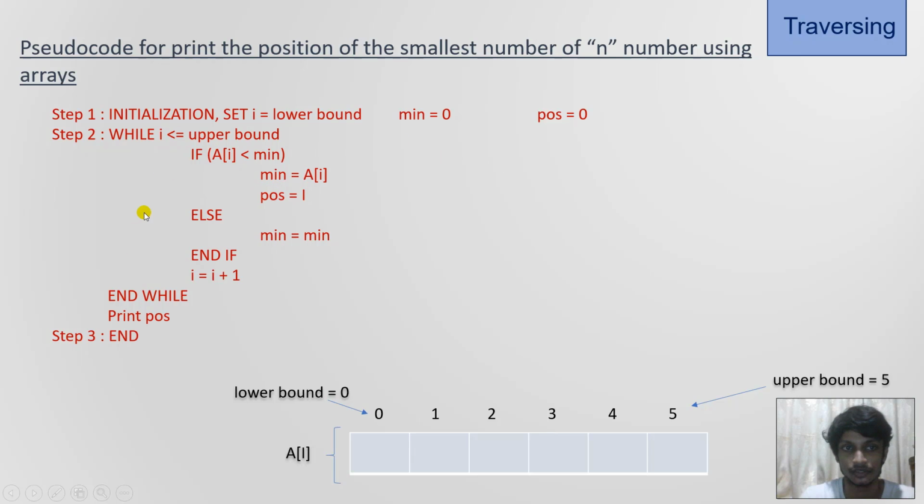To move through the iteration, i will be increased in each step. The while loop will end after reaching the upper bound, and after running the while loop, the position will be printed. So this is how the pseudocode looks to print the position of the smallest value in a particular array.